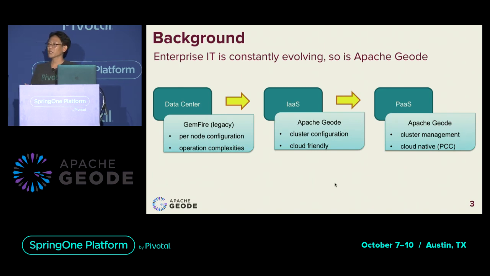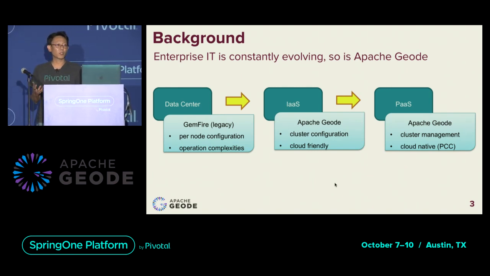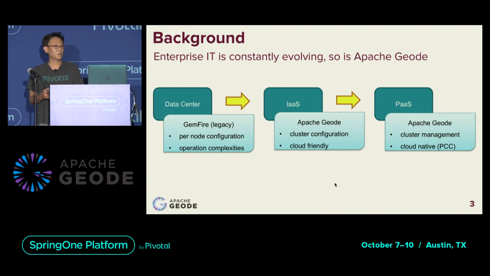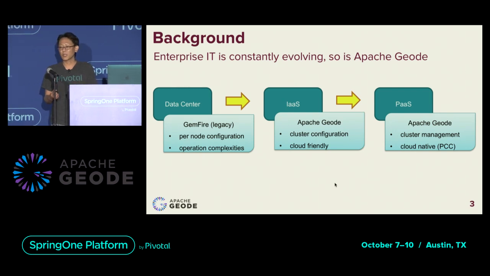Before Gemfire was open sourced, when it was still in the legacy mode, when we were working in the data center environment trying to configure the Gemfire cluster, the technique that we used, as mentioned many times before during the previous session, is that the configuration is based on the cache.xml.